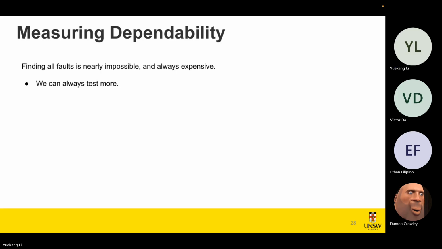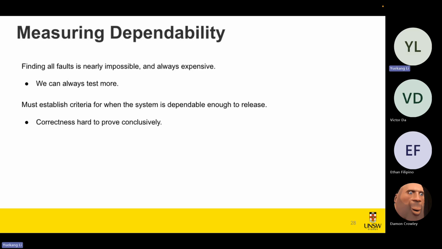Because we know that it is impossible to find all the faults, we have to stop at some time. Let's try to see which concept is more suitable for measuring dependability.